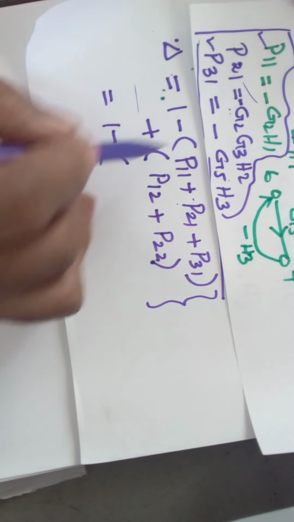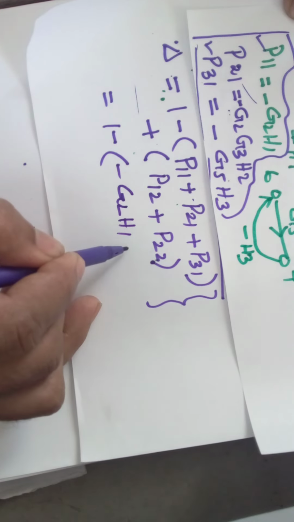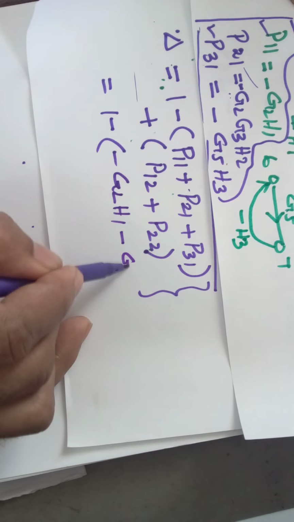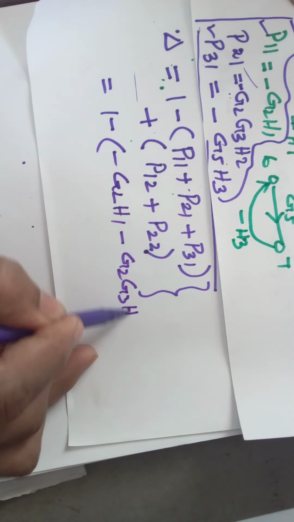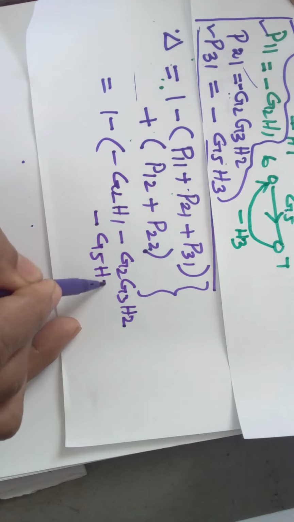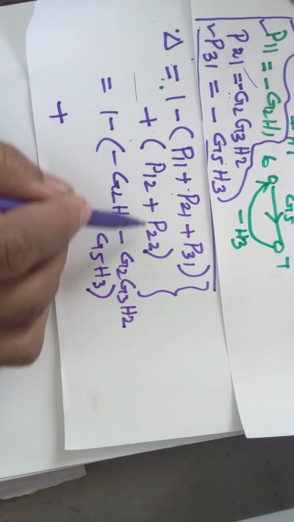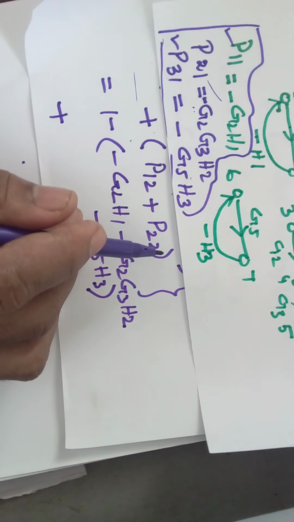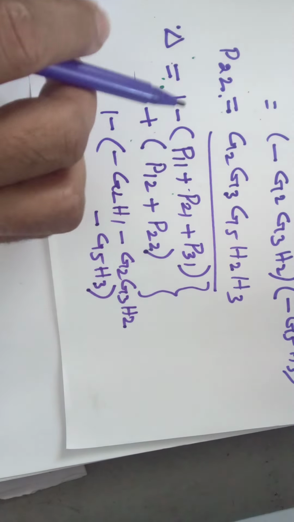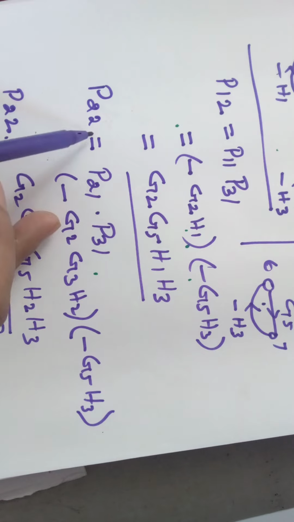Now you can write 1 minus P11 is nothing but minus G2 into H1, minus G2 into G3 into H2, minus G5 into H3, plus P12 and P22. P12 and P22 you have already written as gain products, so these two values you need to add.